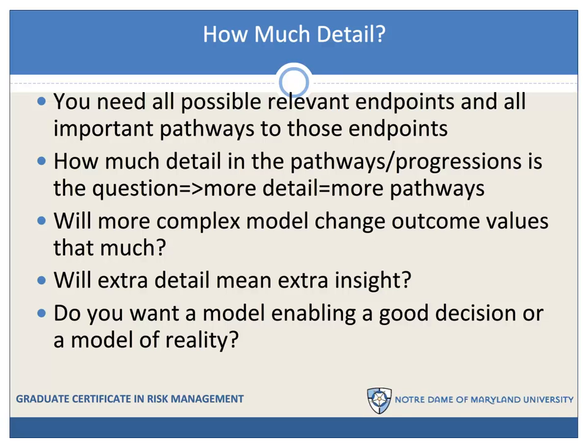More detail means more pathways means more data means more time and more money. So you need to ask, will a more complex model change the outcome values much? Or perhaps the extra detail means extra insight. So you're always going to struggle with this balance, the trade-off. So do you want a model that enables a good decision, or do you want a model of reality?